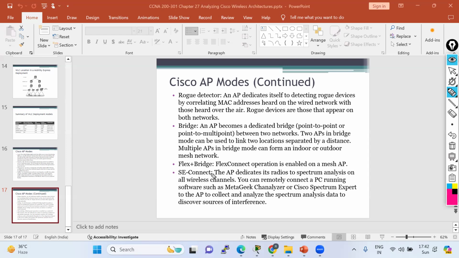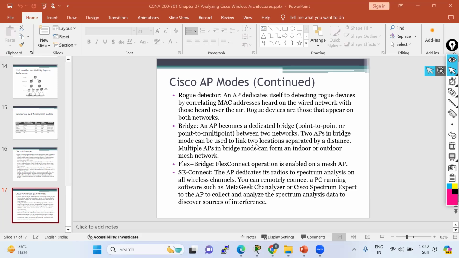AC connect is not used in production, to be honest. Why is it not used in production? Because AC connect mode enables the access point to dedicate its connection to the Cisco CleanAir technology for spectrum analysis. So basically, more or less, it is used just to analyze the spectrum, meaning the radio frequency, right?